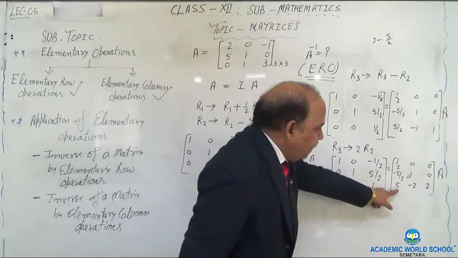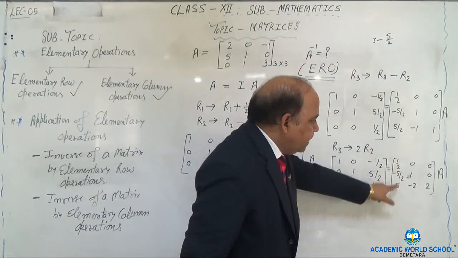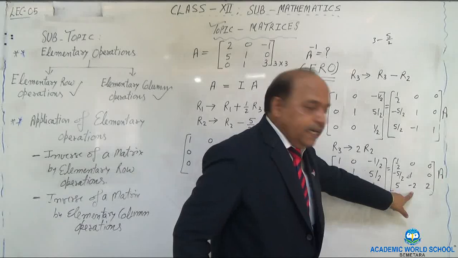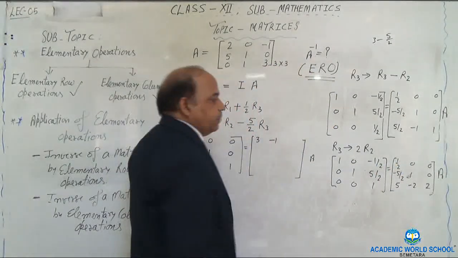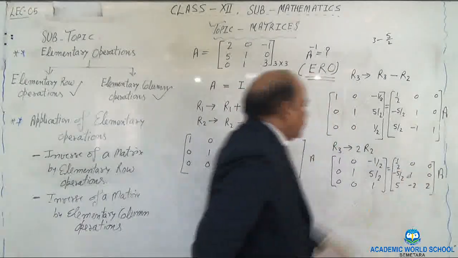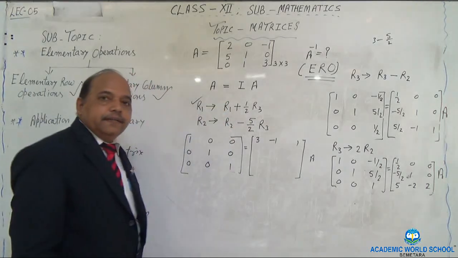Please see that 5 by 2 plus half, 6 by 2, it will give you 3. Now we are multiplying by half, it will become minus 1. Add to this, it will become minus 1. Multiply by half, it will become 1. Add to this one, it will become 1. The change is over. This change we have made.